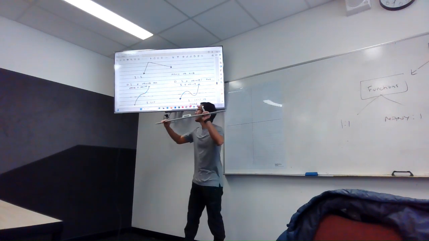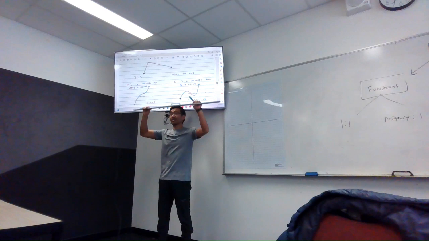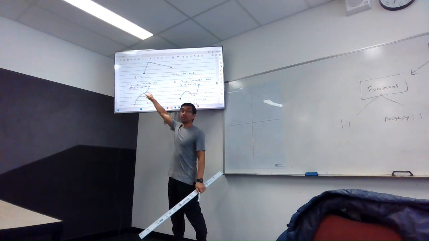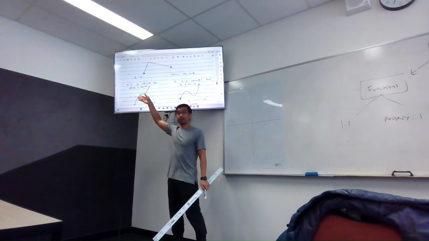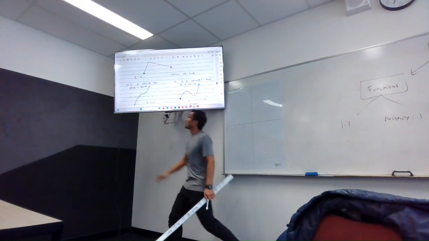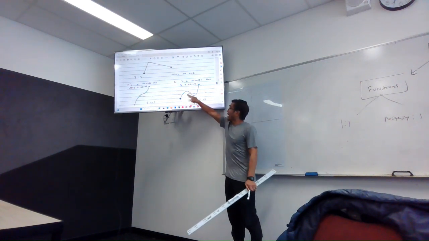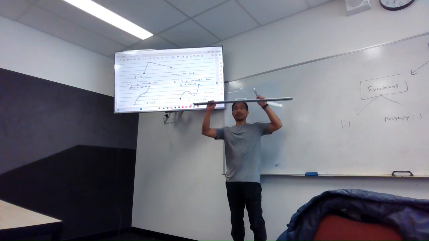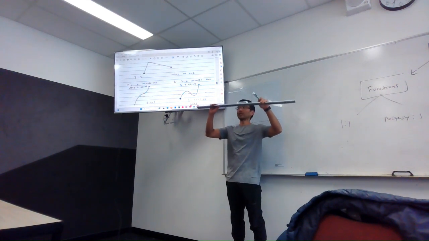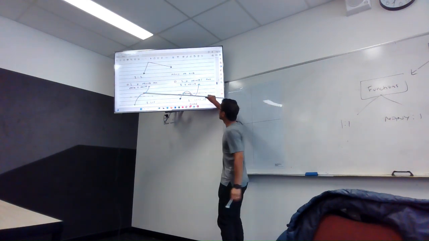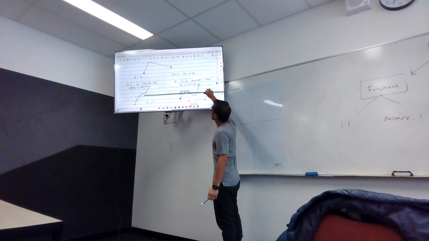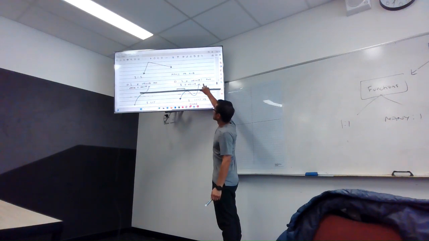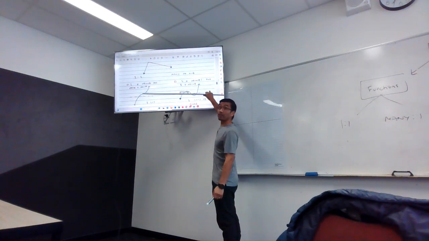Okay. If it cuts once, what's that saying? There's only one x value for one y value. But if our graph starts getting cut up a few more times, more than once, what does that mean? It means that there are two x values or more for one y value.